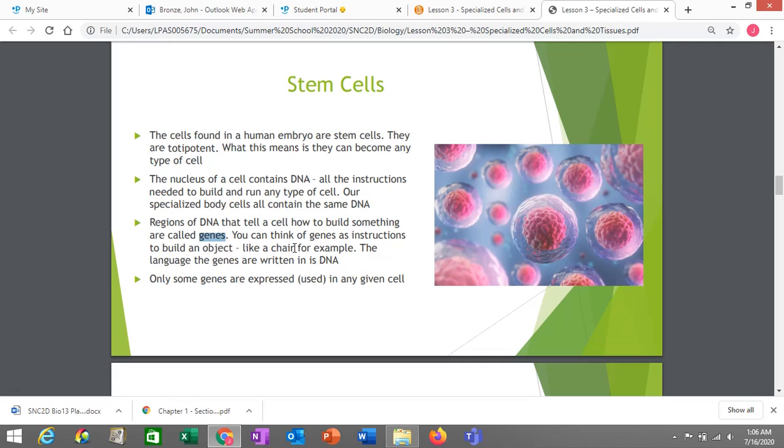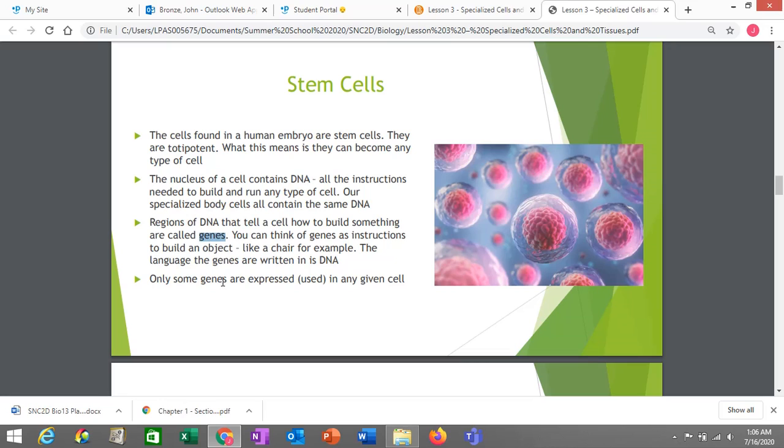They're specific instructions telling you to do something. But the language that those instructions are written in is the DNA. The actual code itself that produces the instructions is the DNA. So that would be like the language that's used, whatever the language of your instruction is. Okay, so the language of the instructions, the letters or characters that are used would be your DNA, and the actual instructions that they make up would be the genes, so to speak.